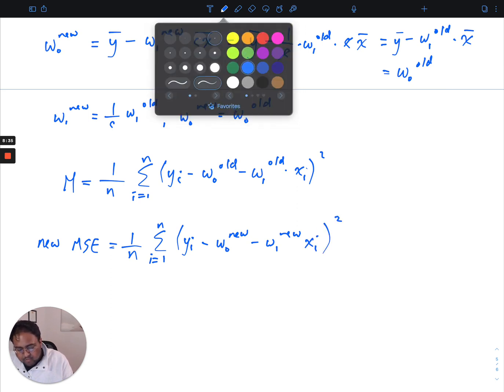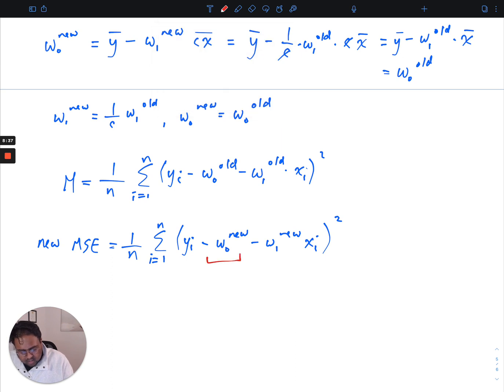But I've already written these two things, the new intercept and the new slope, in terms of the old intercept and the old slope. So let me use those facts to see where we can get. Also, there was a mistake here because this should have been a c times xi. That was the whole point. We multiplied all of our x's by c before fitting this new regression line.